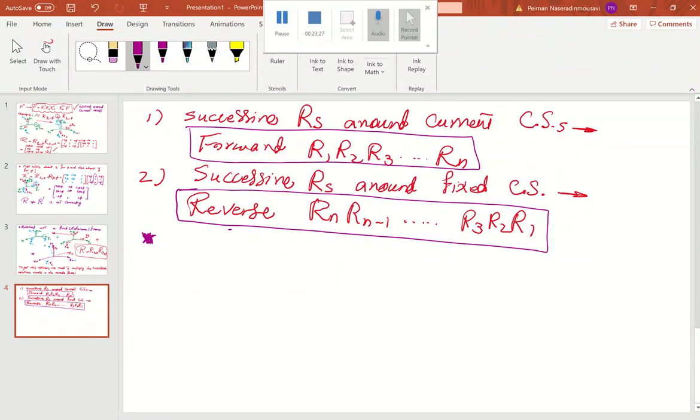Now let us, maybe you heard that in robotics you have to know it. You have some famous rotations and angles. One of them is Euler angles.